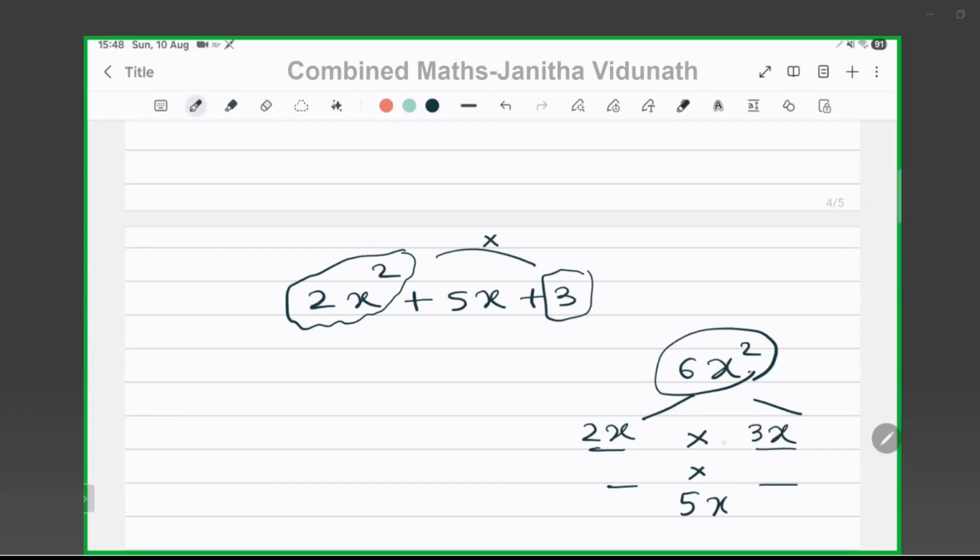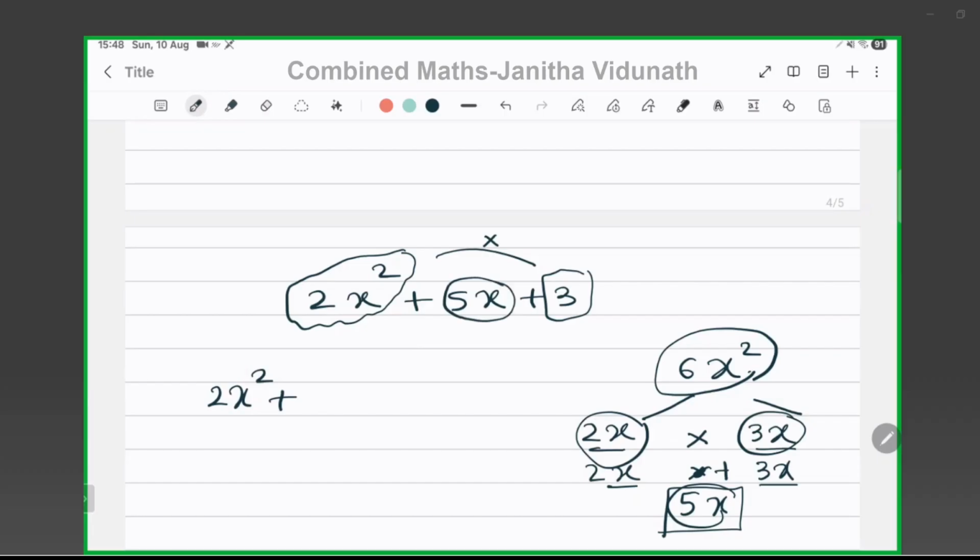By multiplying these two terms, we get 6x square, and by adding 2x and 3x, we get 5x. Then we replace the 5x with these two terms: 2x square plus 5x plus 3 becomes 2x square plus 2x plus 3x plus 3.